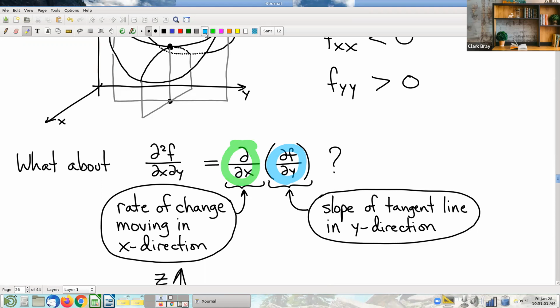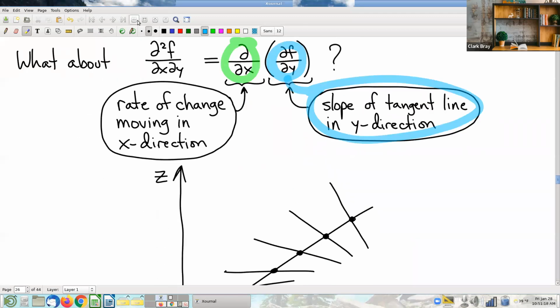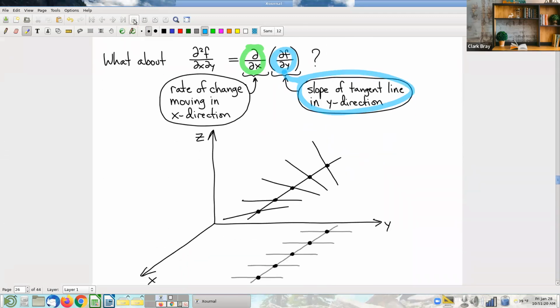So how do we visualize these things? The trick, what I think is the best trick for making sense out of this, is to make different choices about how you interpret these two different partials. The y partials, I'm going to interpret as slopes of tangent lines to a graph. I guess I'm going to have to zoom out a notch here. Here we go. So here's me moving in the y direction in various places. Notice always in the y direction. As I move in those y directions, there's various tangent lines.